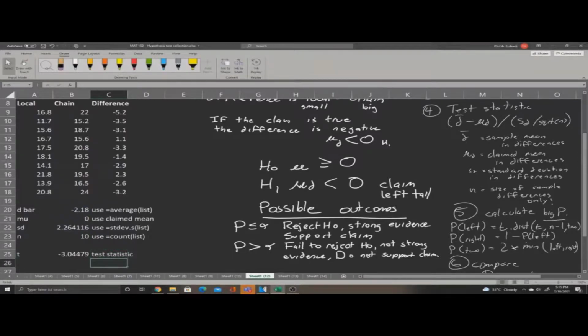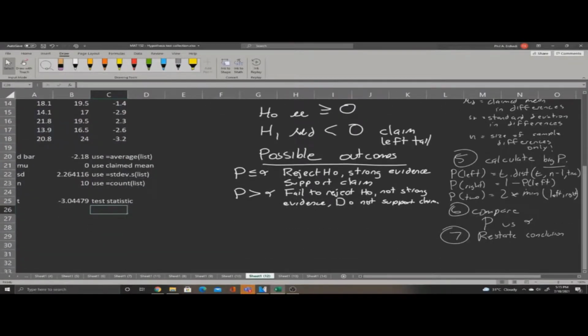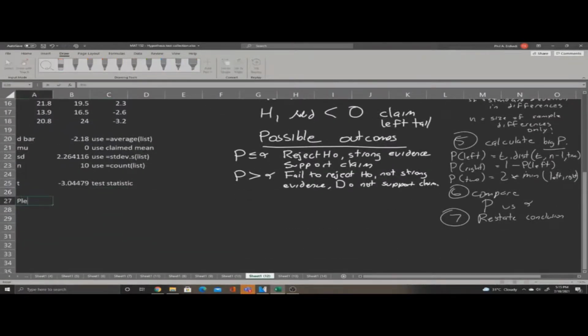Now let's make a little more room and try to calculate big P. So we'll have a left tail, a right tail, and a two tail. Now this time, our alternative hypothesis was left tail, so this will be the answer we need, but again, I will demonstrate how to do all three in case you need them.